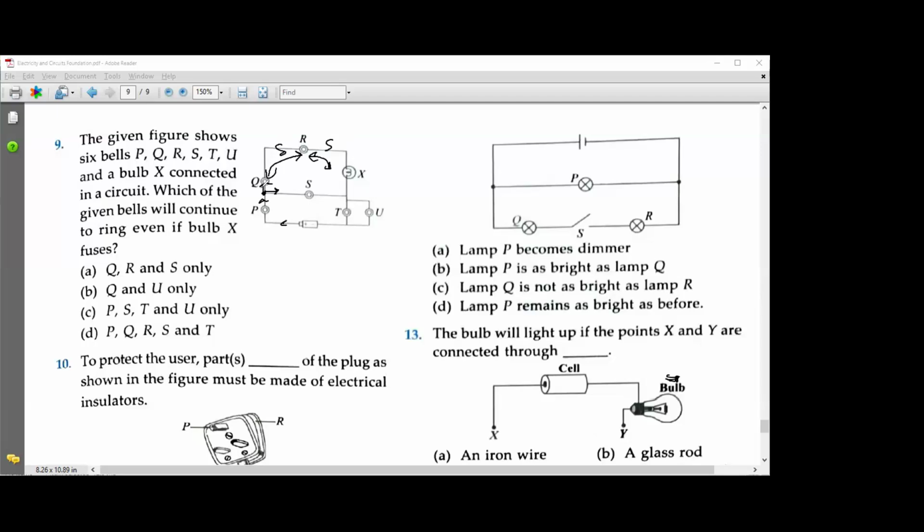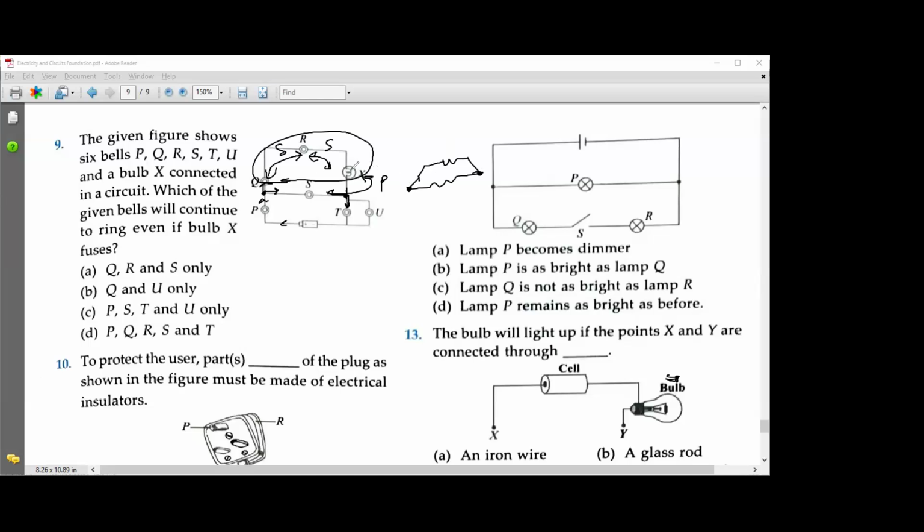The one which has gone through Q has to cover this path and will meet at this point, but the one through S will directly move to this point. So S and all these are in parallel connection, meaning when two different bulbs have two common connections, this type of connection is parallel, where current gets divided.